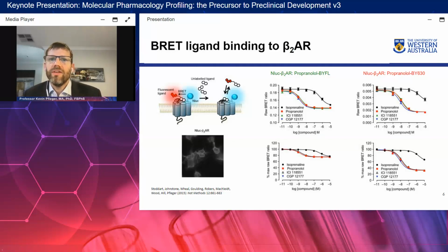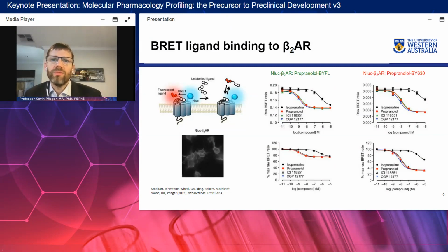Over here, on the right-hand side of the panel, we can see two different acceptor fluorophores. One is more green, which is the BY-FL, and one is more red, which is the BY630. You can see you get quite similar pharmacology with the concentration response curves. The difference is the background on the raw BRET ratio.